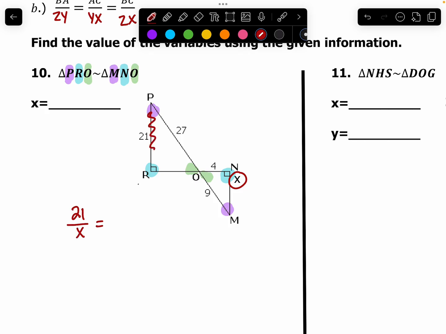And so these two should go together. And the 27 should go with the 9. Okay, so we're going to go ahead and cross multiply.